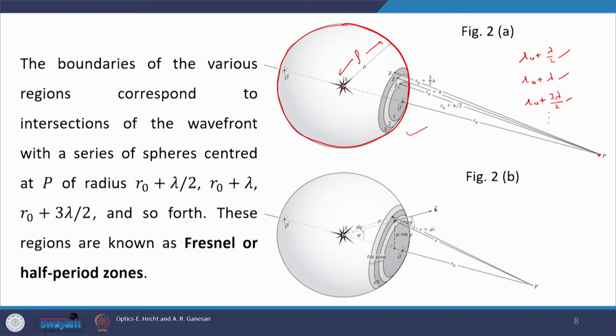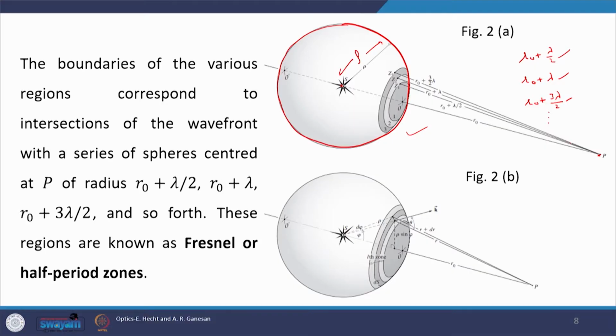The consecutive, adjacent spheres which are centered at P vary by lambda by 2 in their radii.